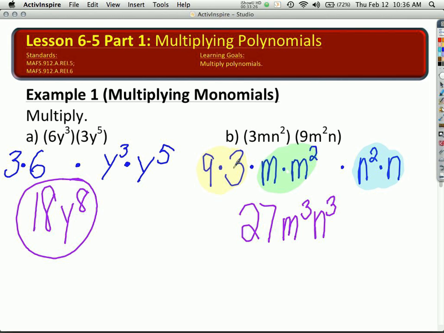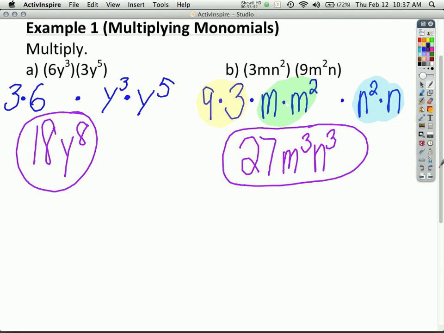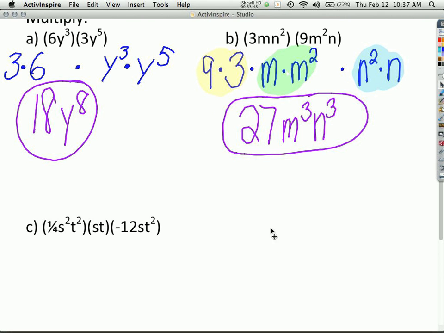When you're working, you do use multiplication dots. And so this is the best way to write the answer: 27, m to the third, n to the third. Anyone have any questions about that? Any concerns of any kind? Any observations? Okay, so let's continue to up the complexity.